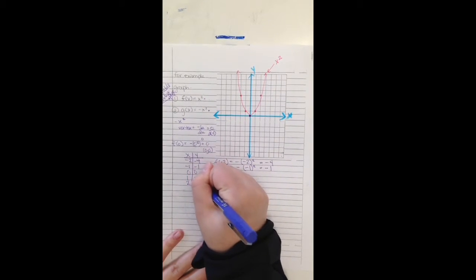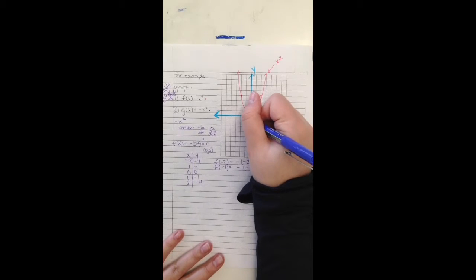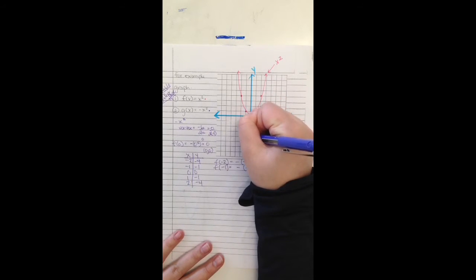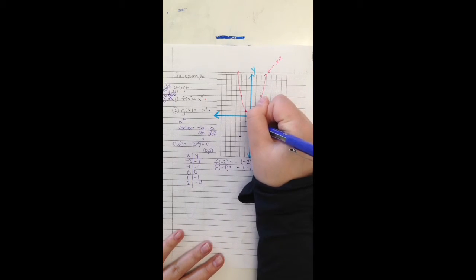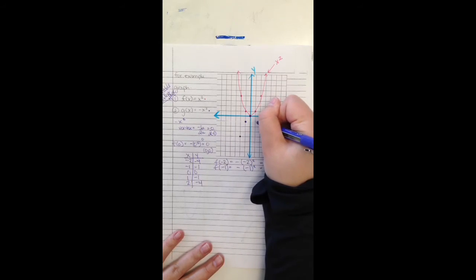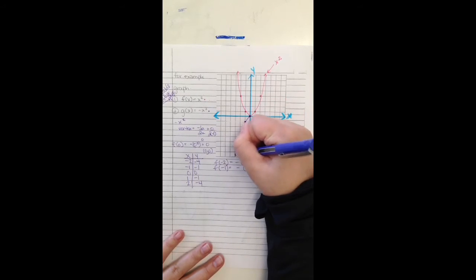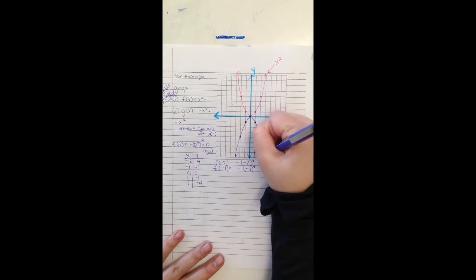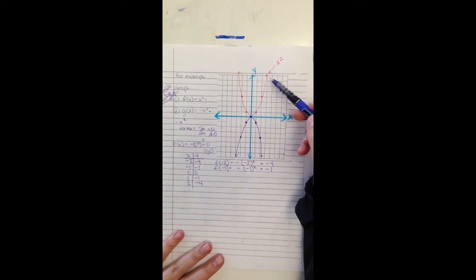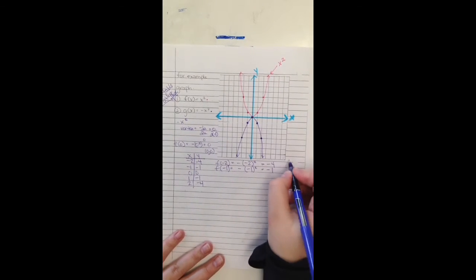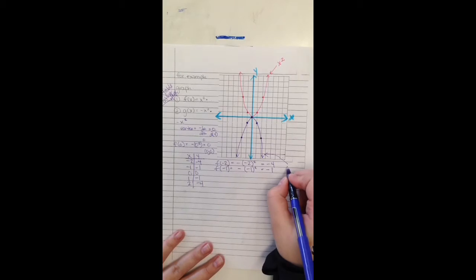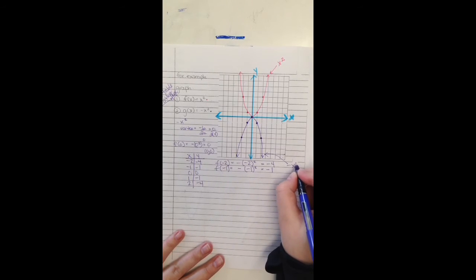This is symmetrical. So I have -2, -4, -1, -1, 0, 0, 1, negative 1, and 2, negative 4. So, if I draw in my curve, I can see that it's the same size and shape, but it just flipped to the other side of the axis. So I get negative x squared.